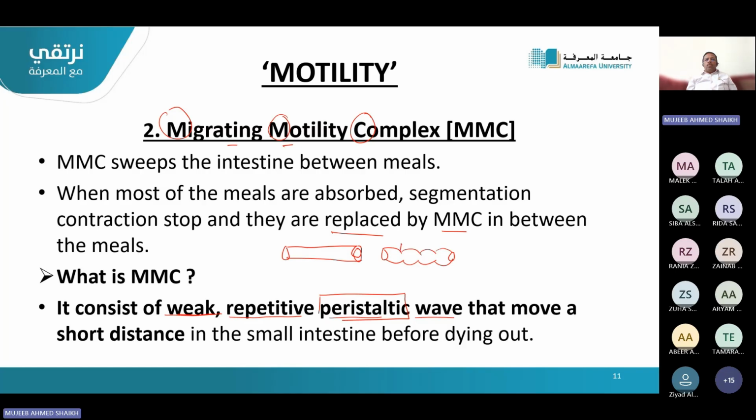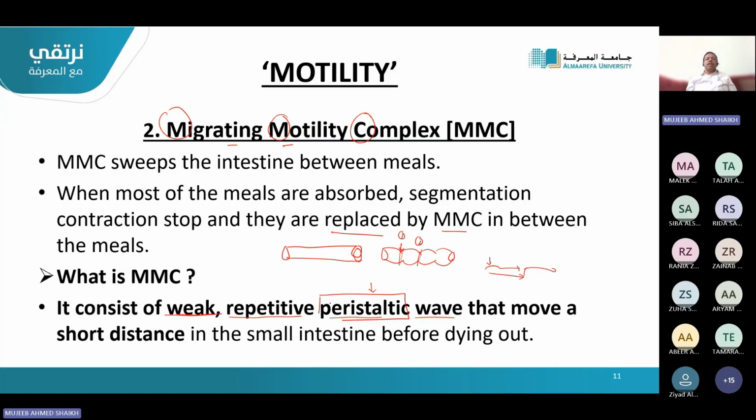One contraction is occurring here, a second contraction is occurring here, and it will relax and again contract. But in peristalsis, the contraction which starts at one place will be pushed to another place and then to a third place. So it is moving. A peristaltic wave means a moving contraction. The same contraction will move from one place to another, whereas in segmentation, it occurs and disappears. That's it, contraction and relaxation.